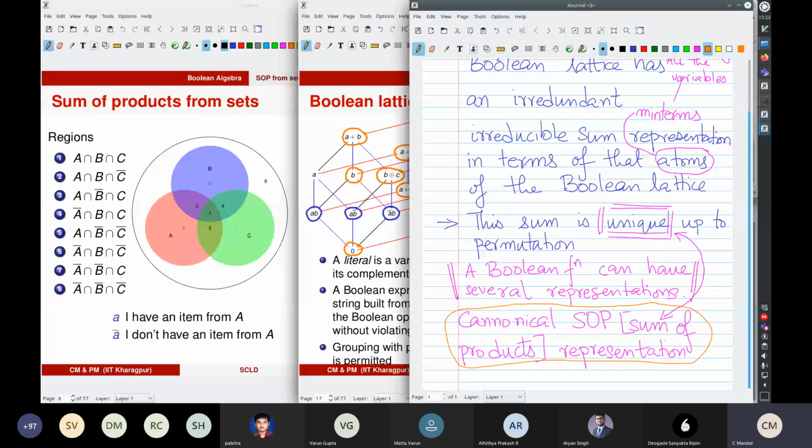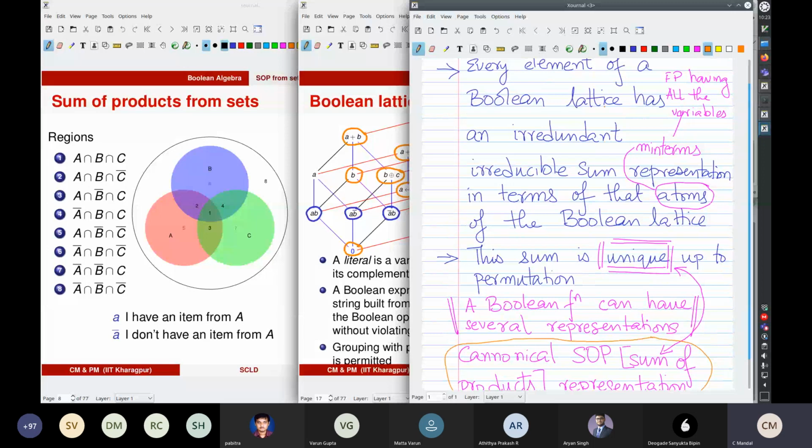Okay. Now let me ask you one question. Do you think it's a good idea to represent a Boolean function using its canonical sum of product representation? One advantage, of course, is that the representation is unique. So I'm asking you this question. Just think and reply.